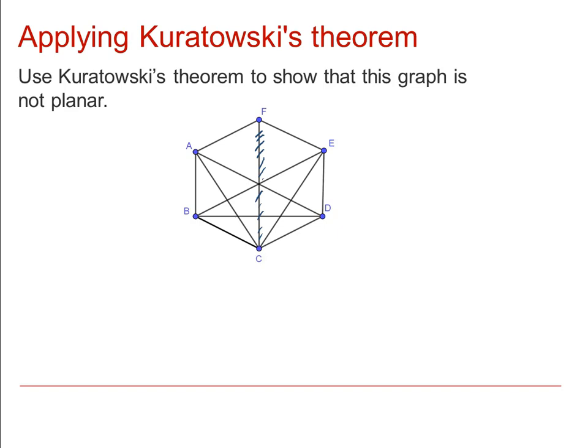So what we have by removing FC is a subdivision of K5. So we can say that because G contains a subdivision of K5, this must be non-planar.